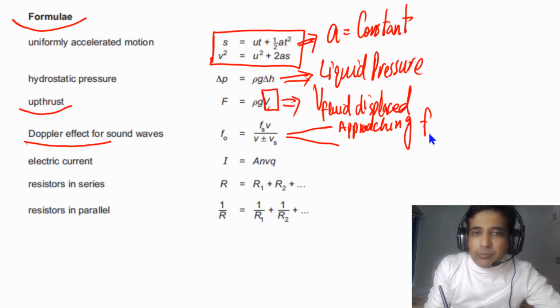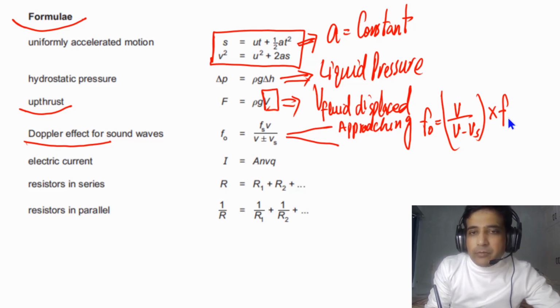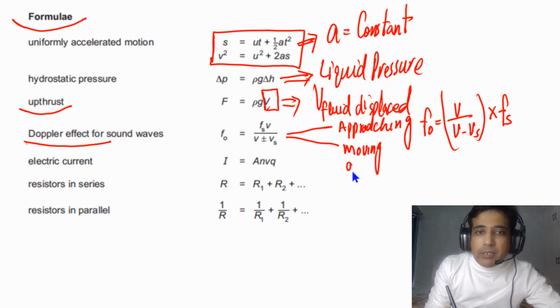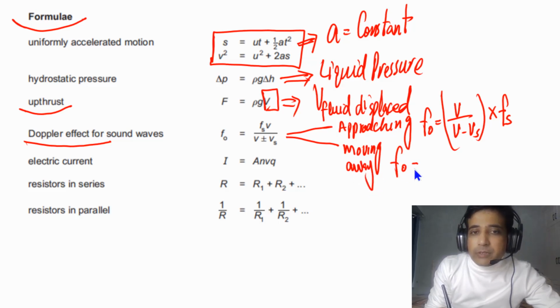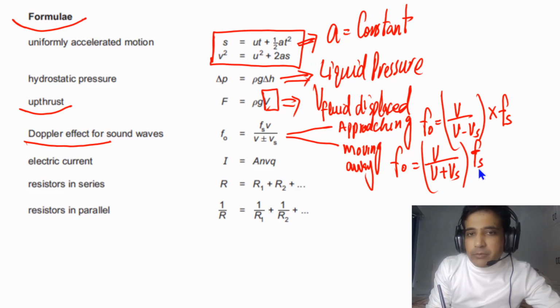If the source is approaching, then the observed frequency will be equal to v over v minus vs, where v is the speed of sound and vs is the speed of the source, and you need to multiply this by the frequency emitted by the source. If the source is moving away but the observer is at rest, then the observed frequency will decrease. So in this case, v over v plus vs multiplied by the frequency of sound emitted by the source.